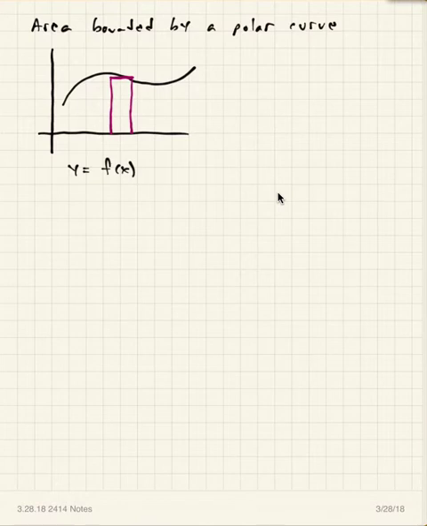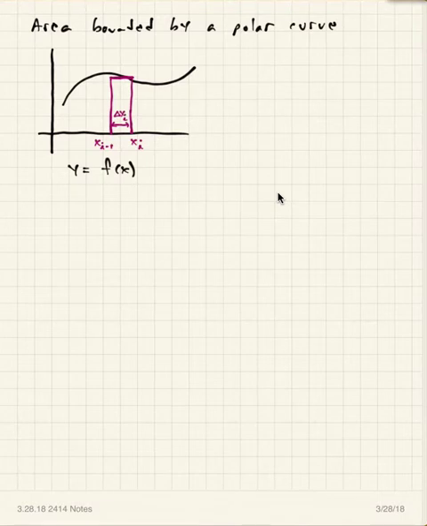So you took an x sub i minus 1 and an x sub i, and you took that width right there, which was delta x sub i, the width of this rectangle.